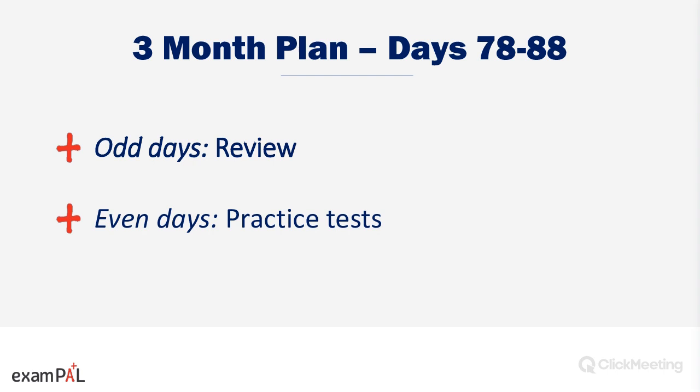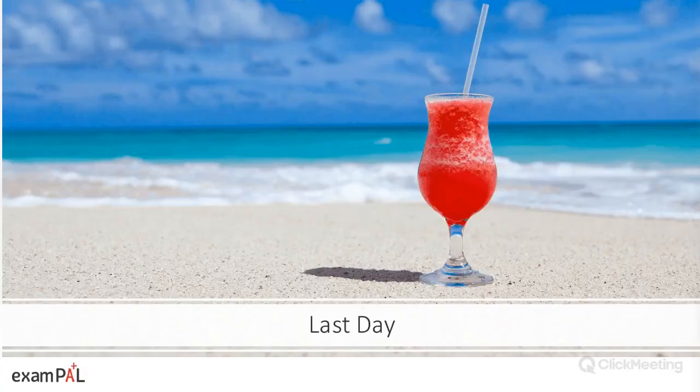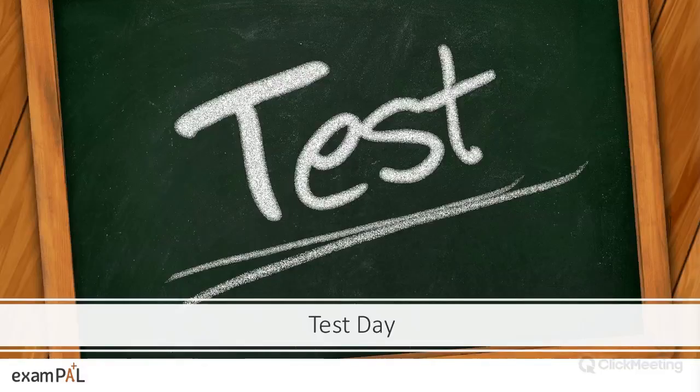With all of the comments I had before about what reviewing means and what taking practice tests means, I'm not going to delve into that too long now because if you've been listening, you already know what I mean. Okay, and then after that, again, take a day off because you've earned it. And finally, D-Day, day of the test, do what you've been studying for.